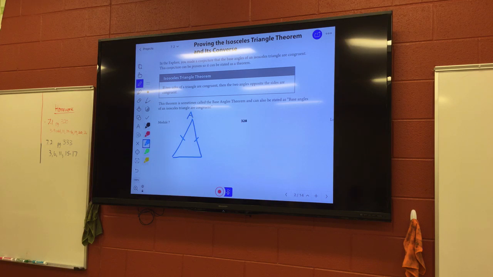So if I have a triangle ABC, sides AB and AC are congruent. This is an isosceles. So this theorem tells me that the two angles opposite those sides are congruent.